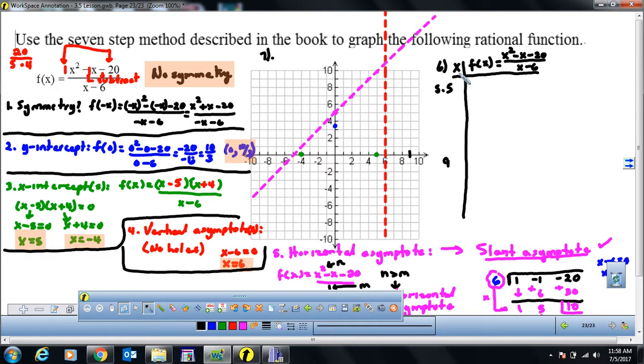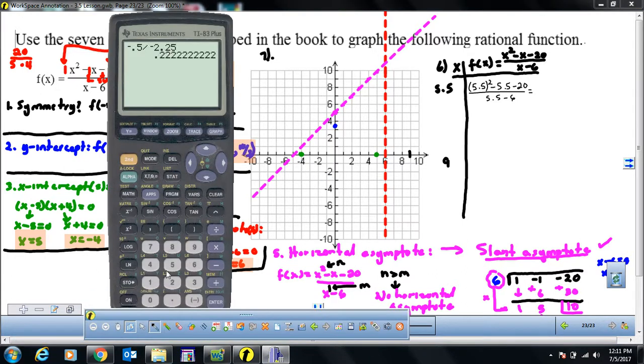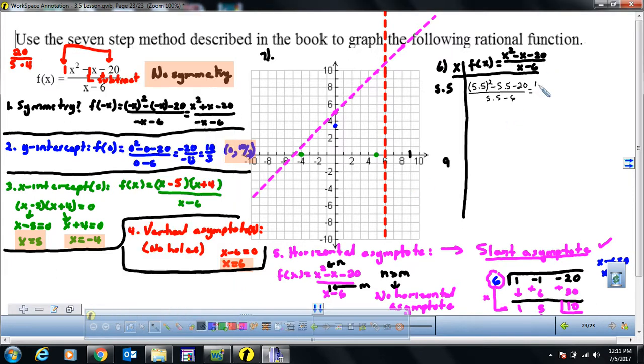So for 5.5, we're going to have 5.5 squared minus 5.5 minus 20, divided by 5.5 minus 6. I'm going to find that numerator in the calculator. So 5.5 squared minus 5.5 minus 20, the numerator is negative 4.75.